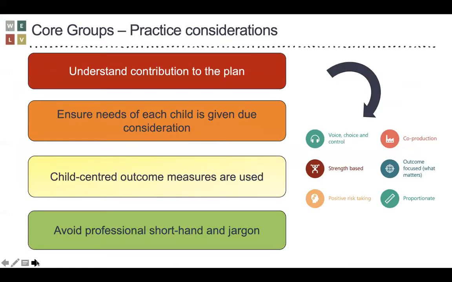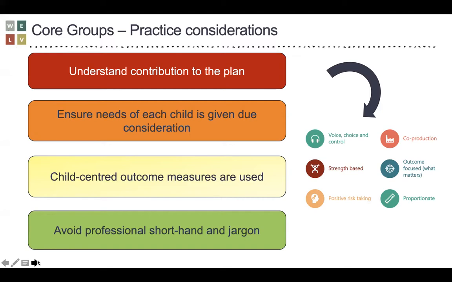So, some practice considerations in relation to the operation of core groups. It's important that everybody understands their contribution to the plan. This includes the child, the family, and all practitioners. It's essential that the needs of each child in a family are given due consideration in their own right.